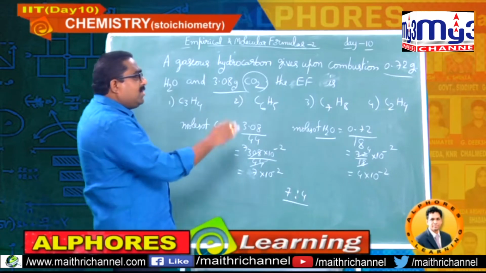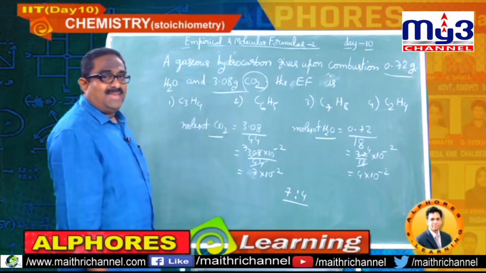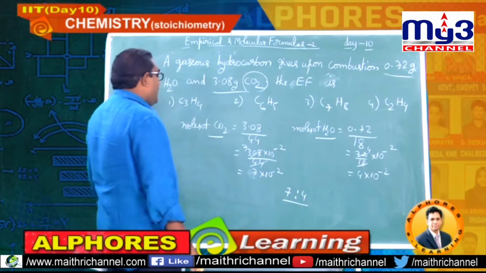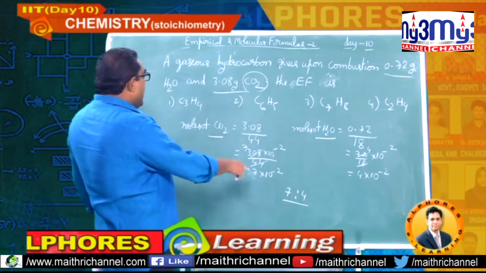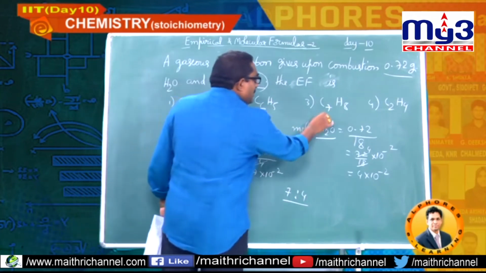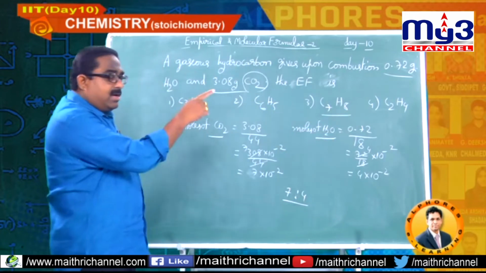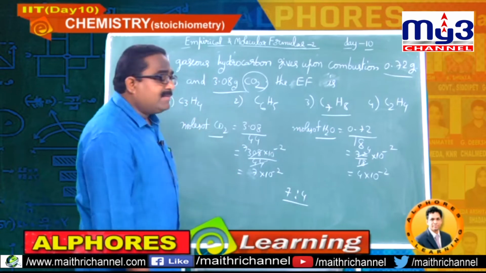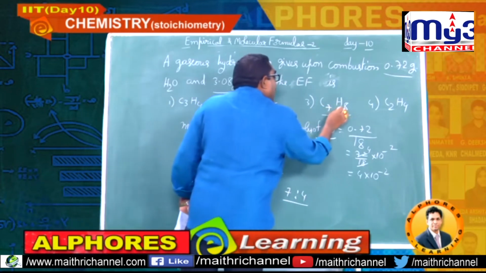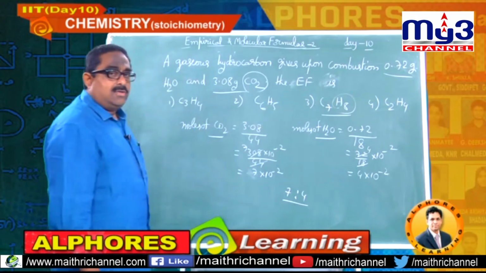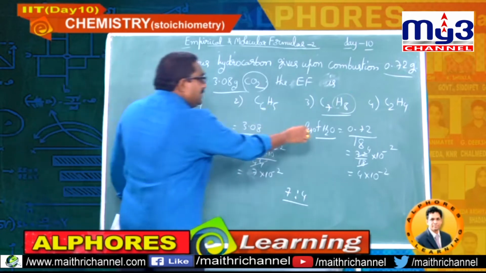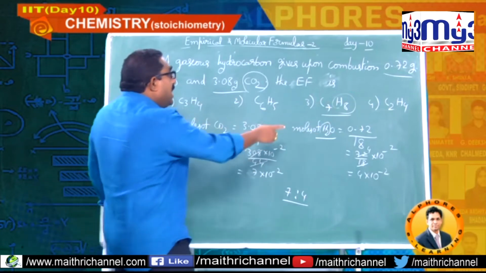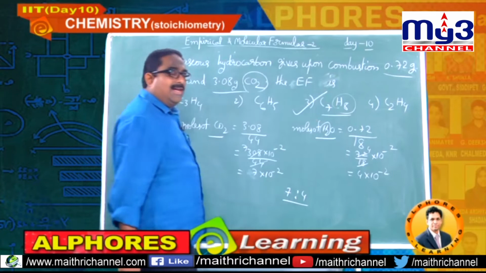All the carbon will go in the form of CO2, and all the hydrogen will go in the form of H2O. Here the 7 carbons compound is only one, this one. No doubt, from 1 mole of the compound you will get 7 moles of carbon dioxide, and 8 hydrogens are there. H2O possesses 2 hydrogens, so half of that is 4. So this answer is nothing but the third one.